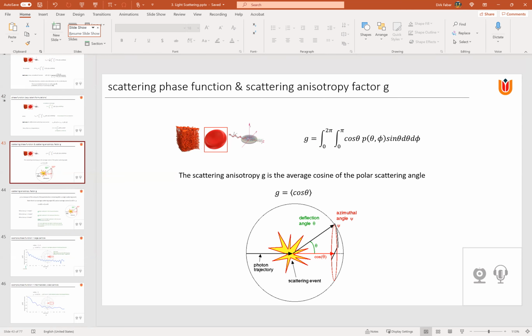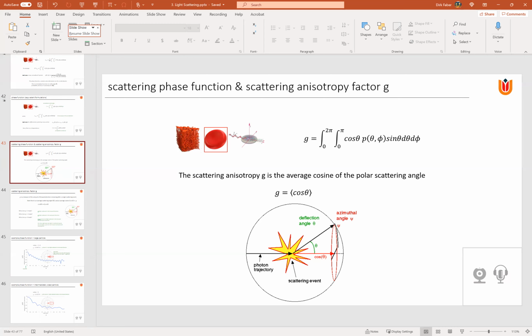So do you have any feeling for what it would mean if we had a polar scattering angle and an azimuthal scattering angle? Let's say there is not much dependence on the azimuthal scattering angle because that is averaged out. So the polar scattering is the only one that is important. What would it mean if the polar scattering angle would be 0? Yeah, all the light would go straight through.